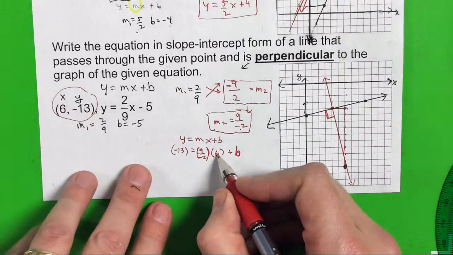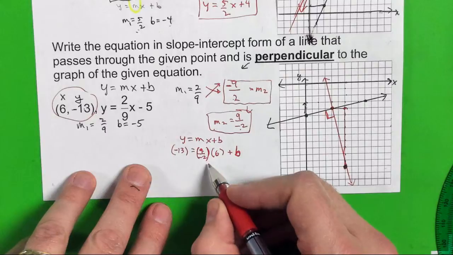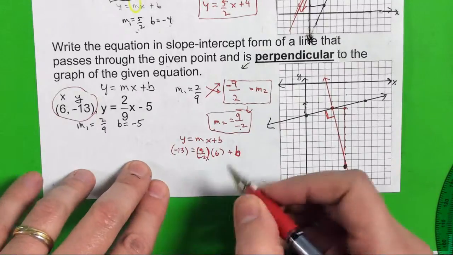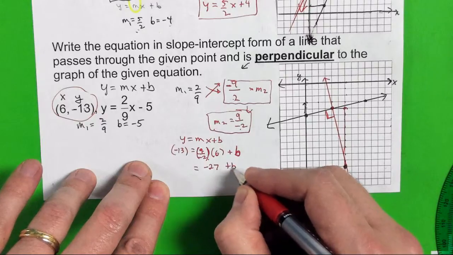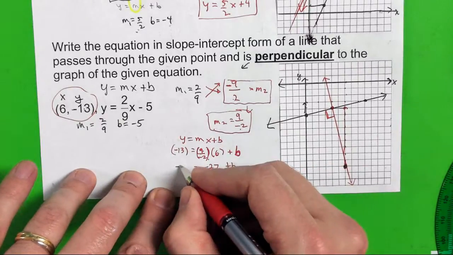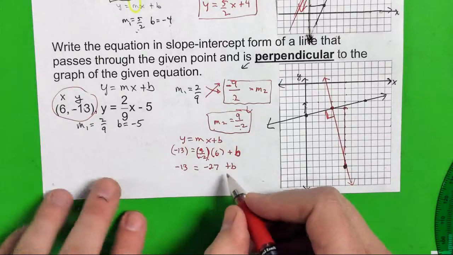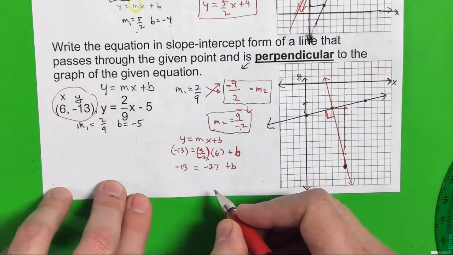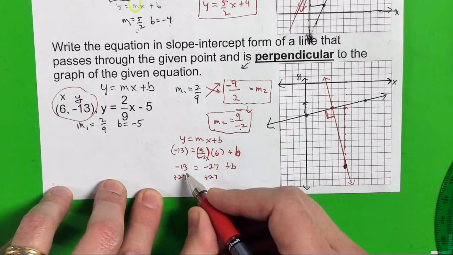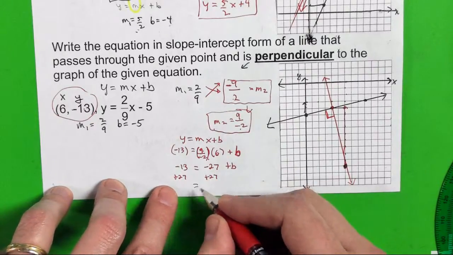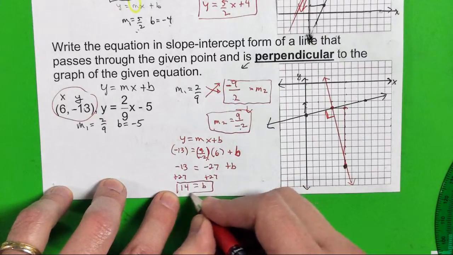So this is going to be 9 times 6 is 54, divided by negative 2 is negative 27, plus b, negative 13. I'm doing this fairly fast. Okay? Then what am I going to do to get b by itself? Add 27. What's negative 13 plus 27? 14.